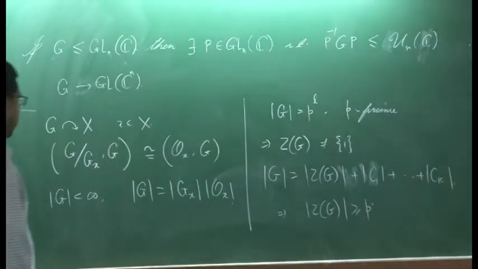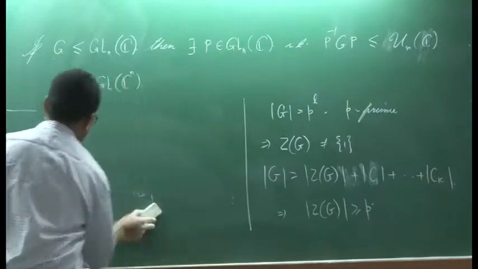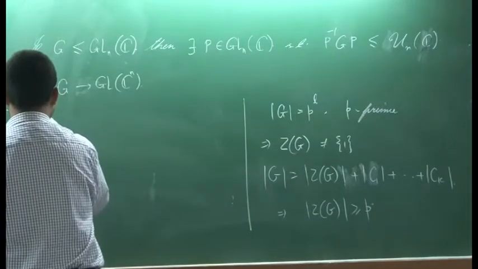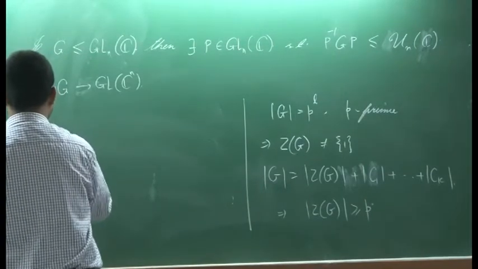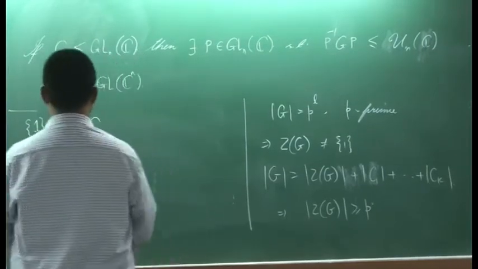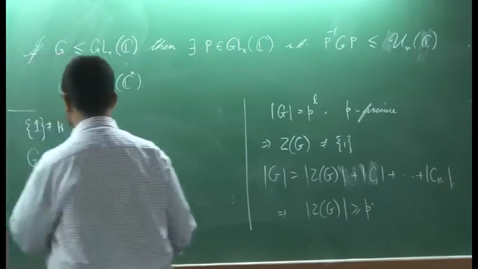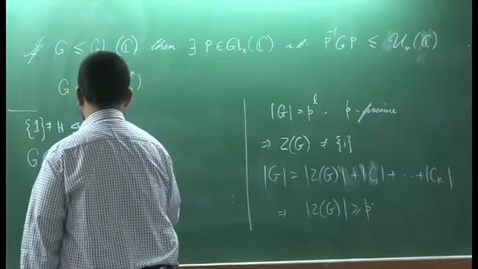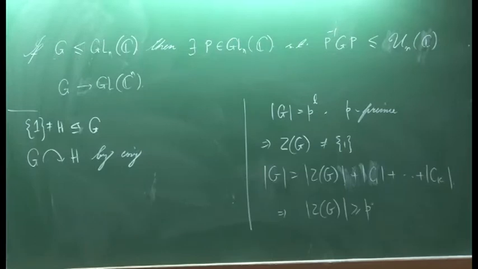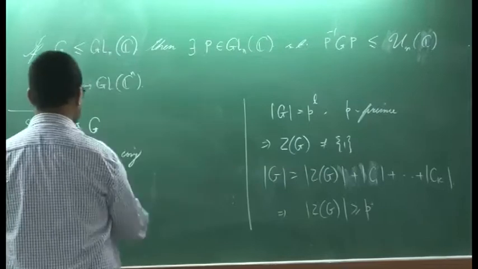In fact, here we can say something more. Let me do that, I missed that in the last lecture. In addition, let H be a non-trivial normal subgroup of G. Since this is normal, we can consider the action of G on H by conjugation. Because of this normality, H is invariant under the action, and therefore we can write the same thing.